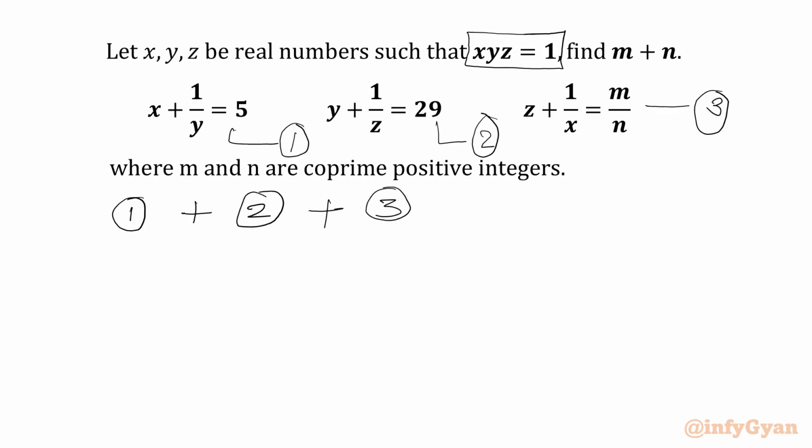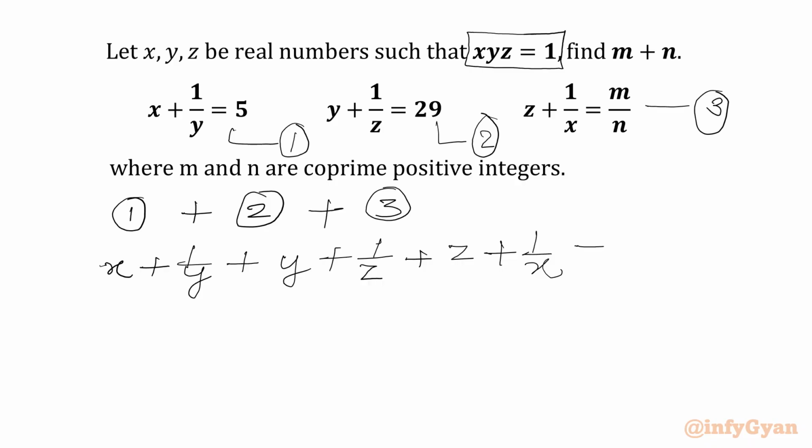I will write x plus 1 over y, plus the LHS of 2, y plus 1 over z, and the LHS of equation 3, z plus 1 over x. Now we will add the RHS of equation 1 with equation 2 with equation 3.